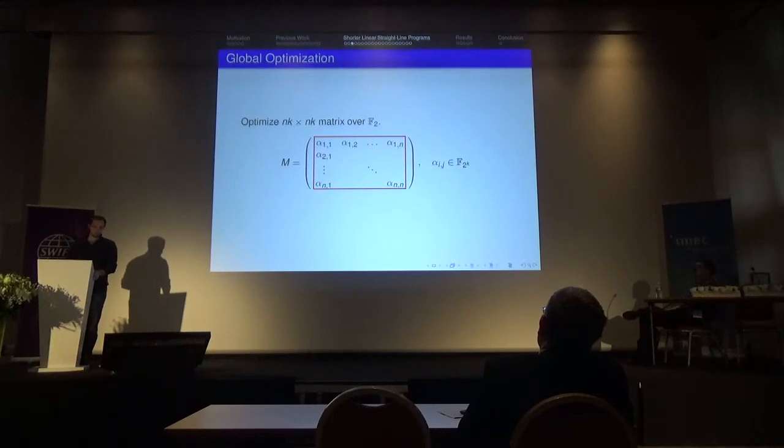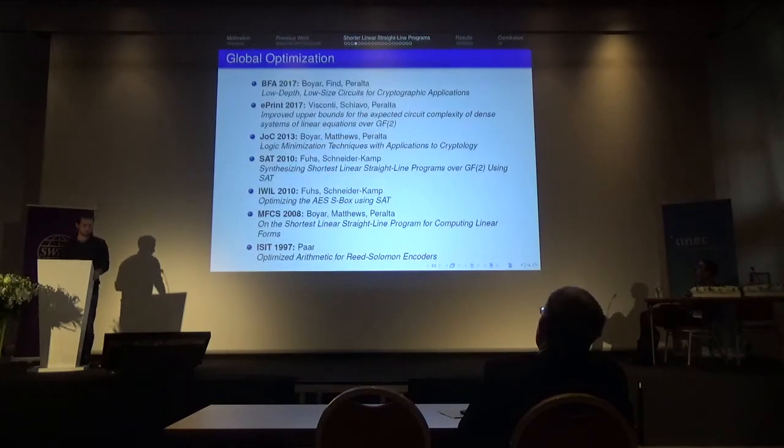And this is actually not surprising because this problem is known to be NP-hard, the problem of finding the implementation of a binary matrix multiplication with as few XORs as possible. So why do we know this? Because there's a separate line of research dealing exactly with this problem. And they call it shortest linear straight-line programs.